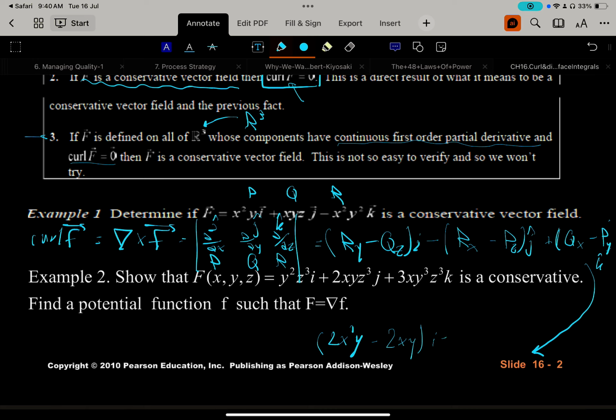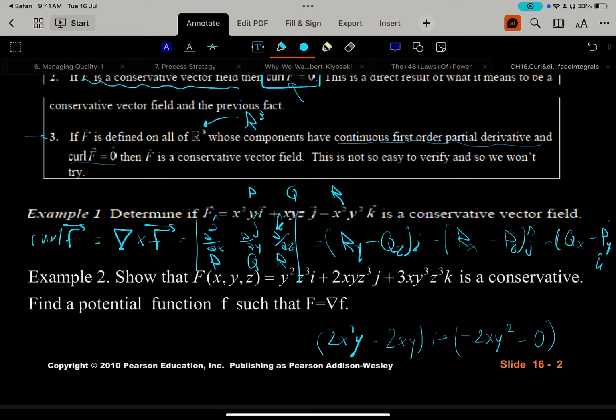Okay, and so we have R_x, which is minus 2xy squared, and then I hope this gives us a conservative field, and so minus P_z, which is 0, okay, and I don't think this is gonna give us 0.